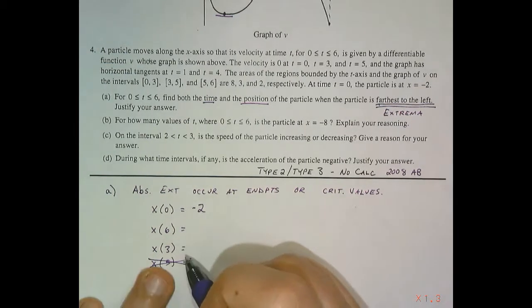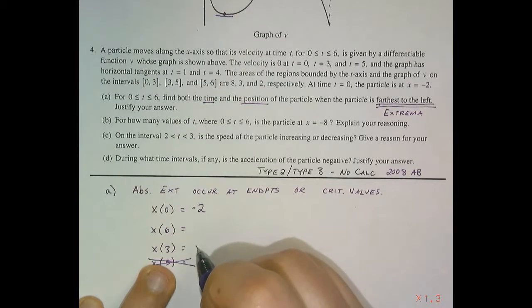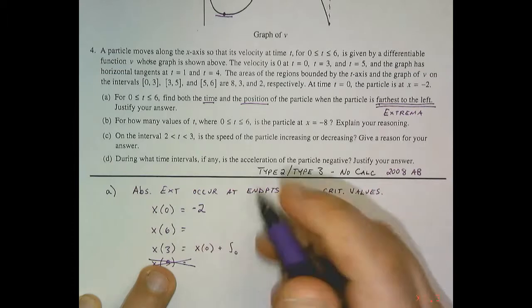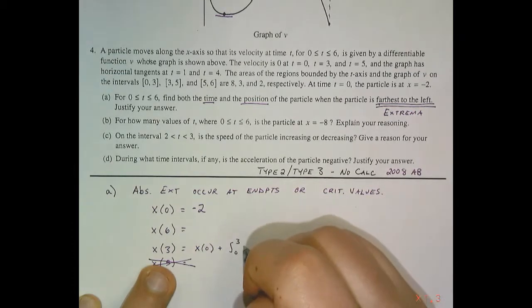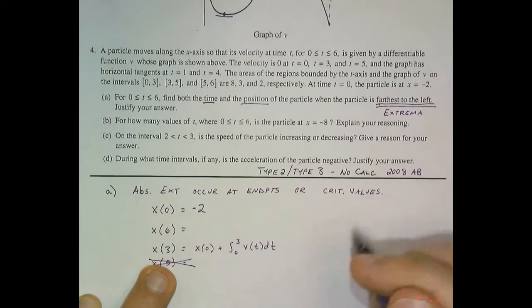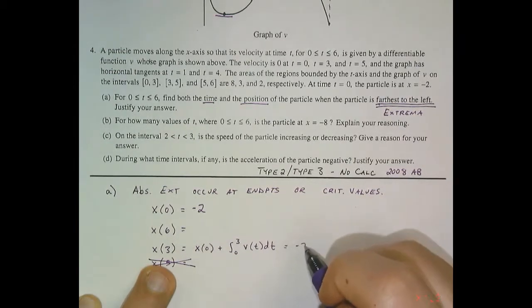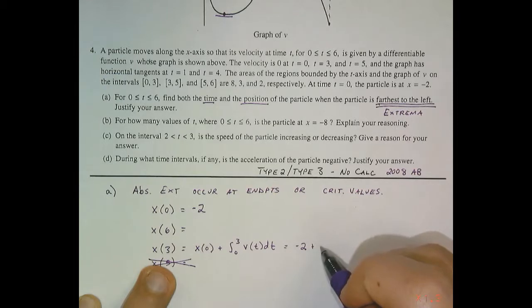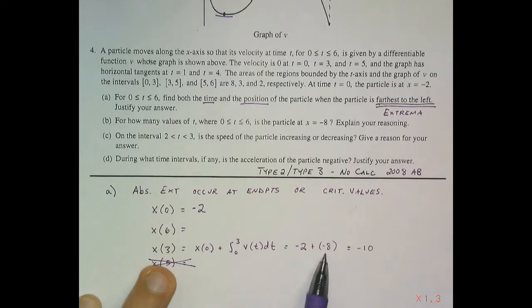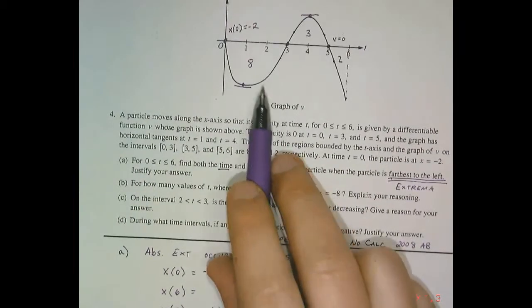Let's work with x of 3 first. x of 3 is going to be where I started plus what I accumulated from 0 to 3 of the derivative of position. So this will be negative 2 plus negative 8, which gives me a value of negative 10. And I pulled that negative 8 because that's the value of that region.